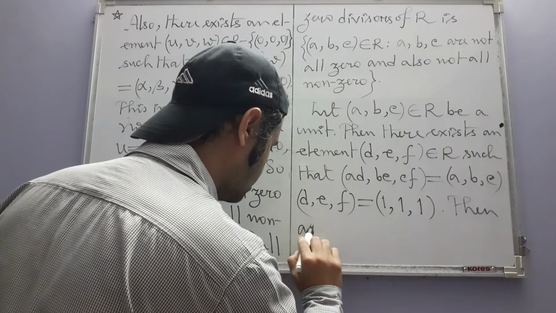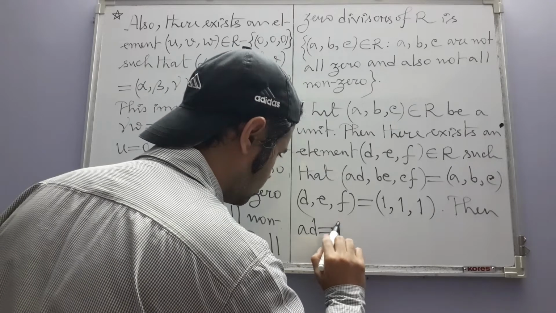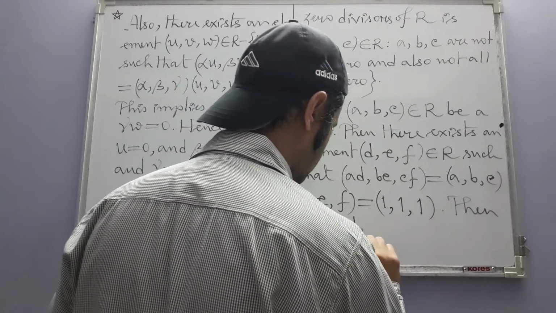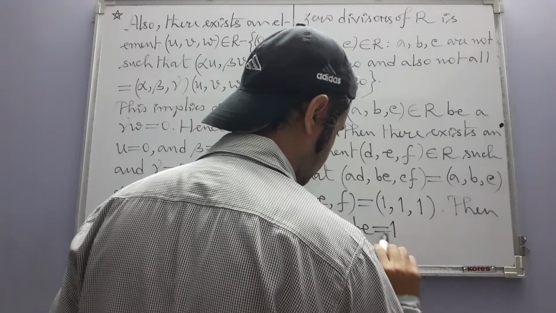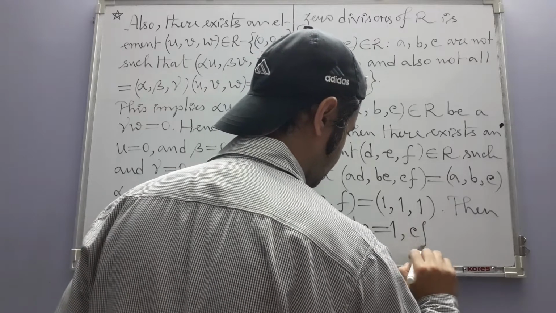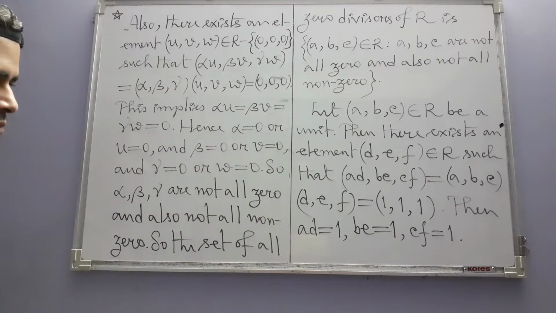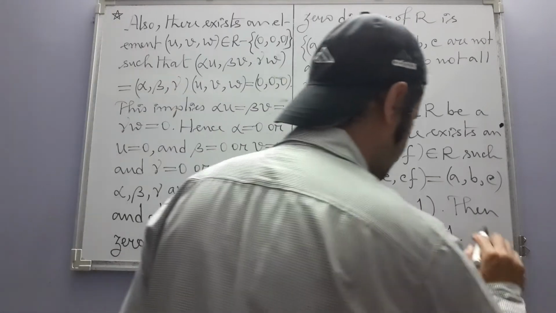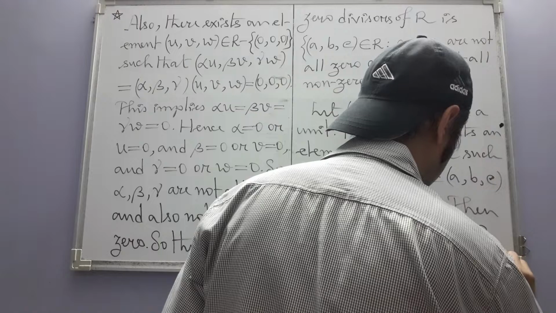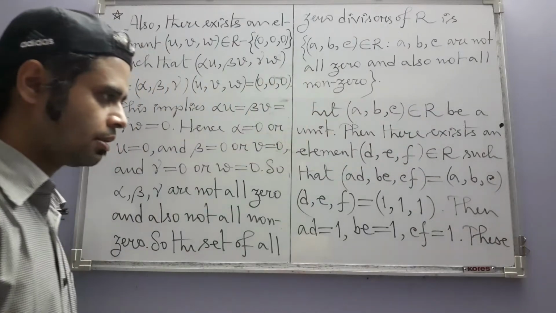Then AD is 1, BE is 1, and CF is 1. Okay. Now these equations imply what?